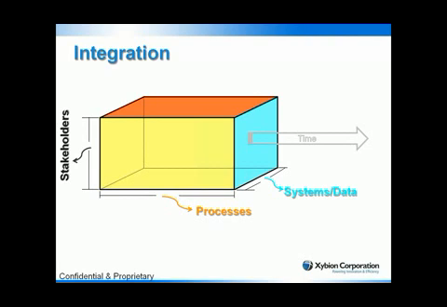Another interesting thing, beyond just modular integration, a finer level than that is the dimension of processes. For example, you may want to have a customer request process kick off a corrective action process, or an audit kick off a corrective action.